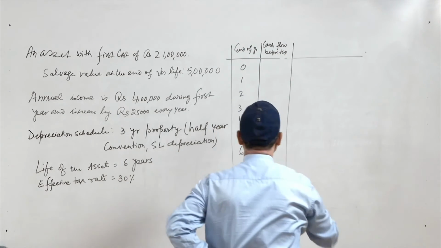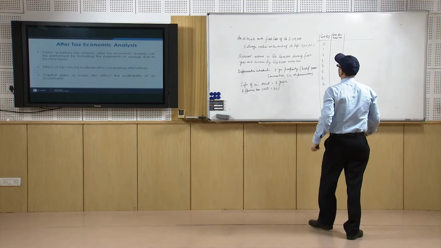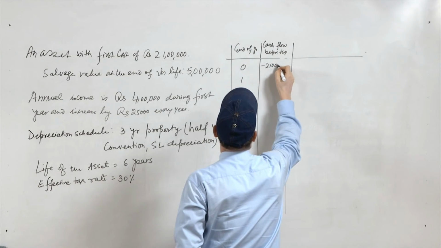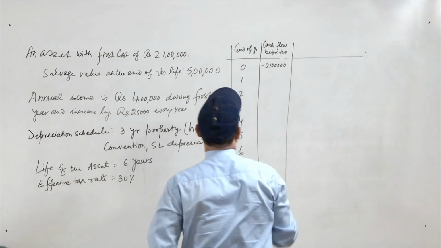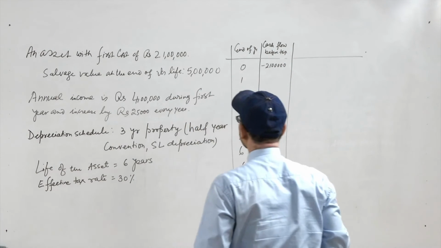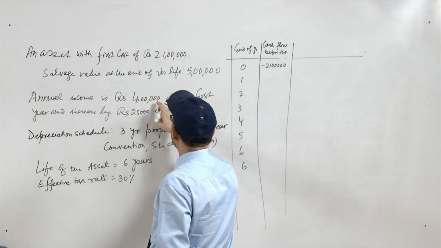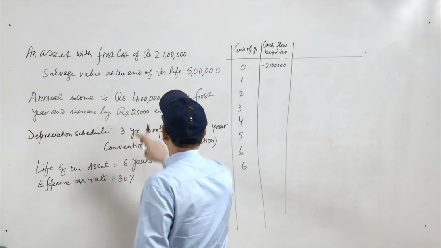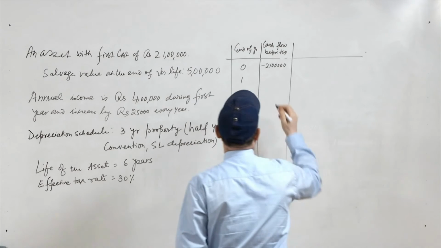If you take the cash flow before tax, we are taking the asset at 21 lakhs, annual income is 4 lakh and it is increasing 25,000 every year.